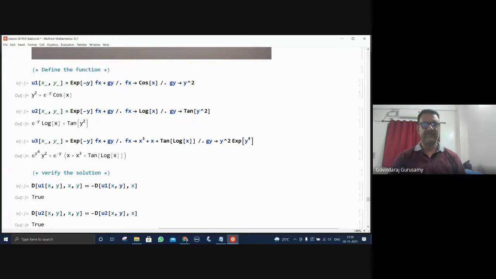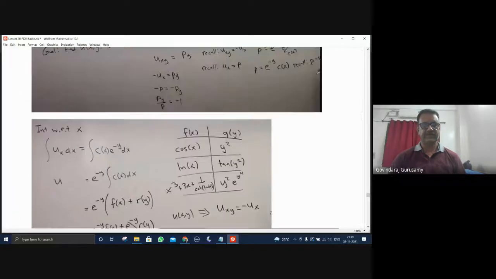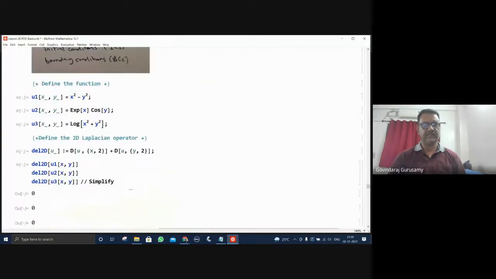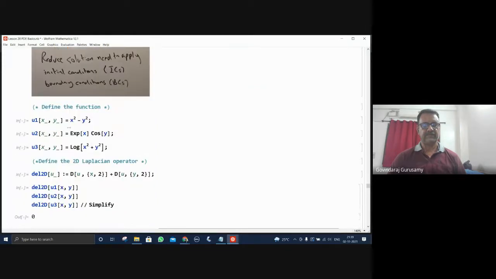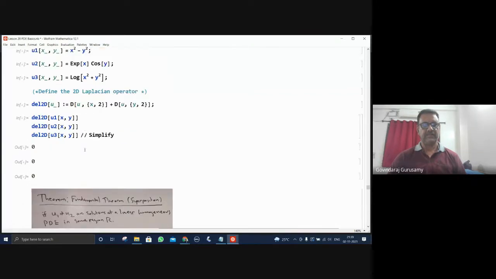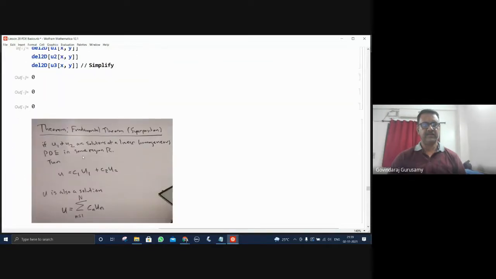So whenever you have an equation of this type, this linear combination will satisfy, and a similar kind of thing happens here also. This is 2D Laplace. This is also a solution. This is also a solution. This is also a solution. Then you try to check whether they are all satisfying. It is satisfying. And take a linear combination.